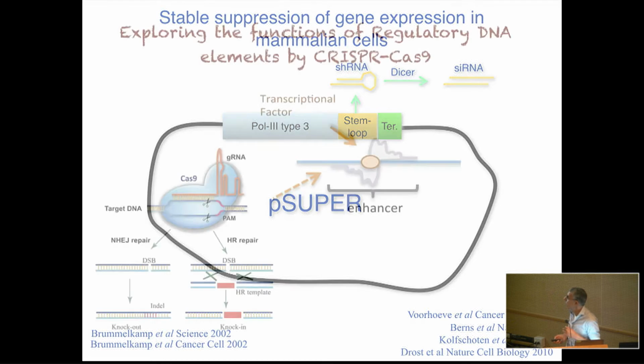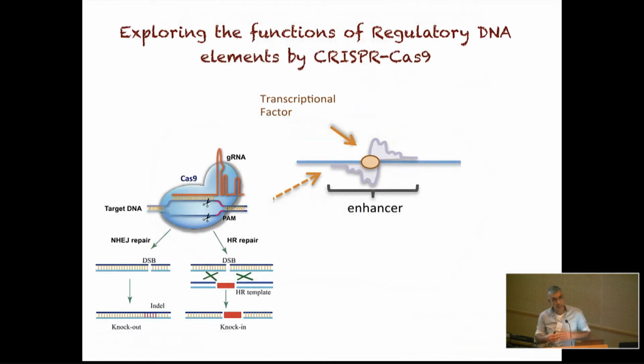With the development of the CRISPR technology, we thought that it could be suitable not only for knockout of genes, but also to study those regulatory DNA elements or enhancers. And the idea is very simple. Take CRISPR-Cas9 technology, introduce it into cells, and target, and that's key, only the consensus motif elements of the transcription factor.